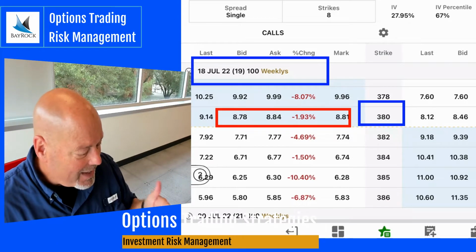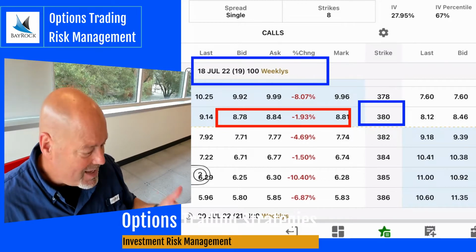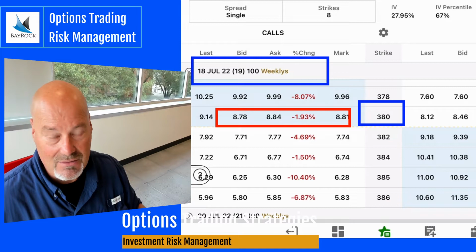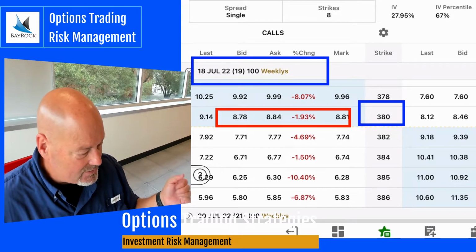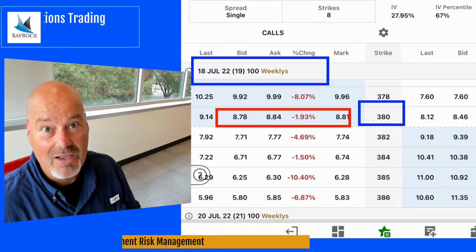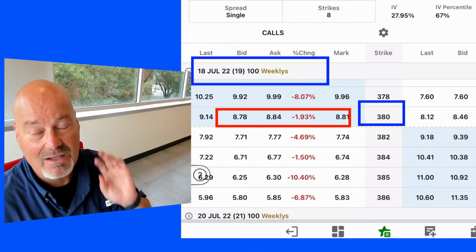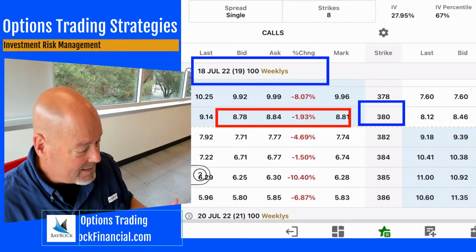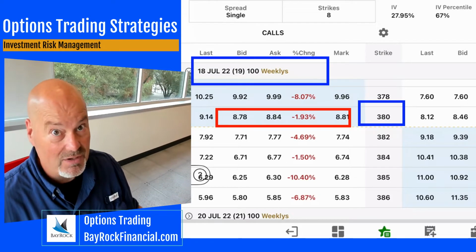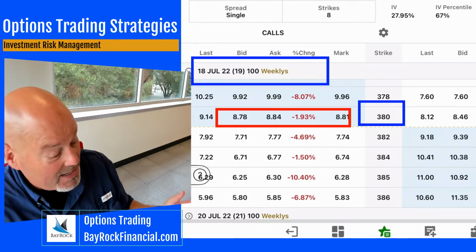But remember, you got paid $884. You're losing your stock, so the stock goes away, and in its place you get paid $380 for the stock. You get $380, but remember, you got $884.